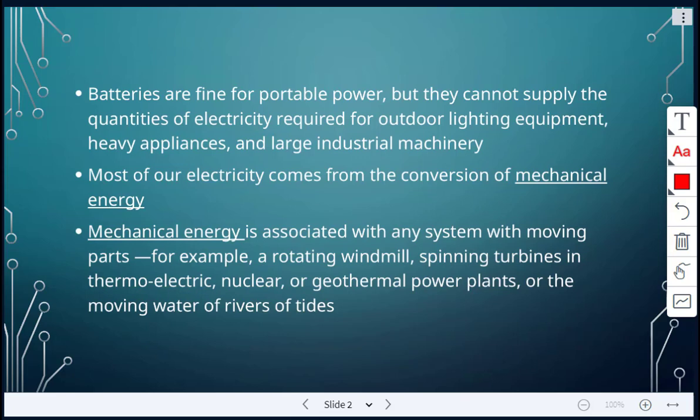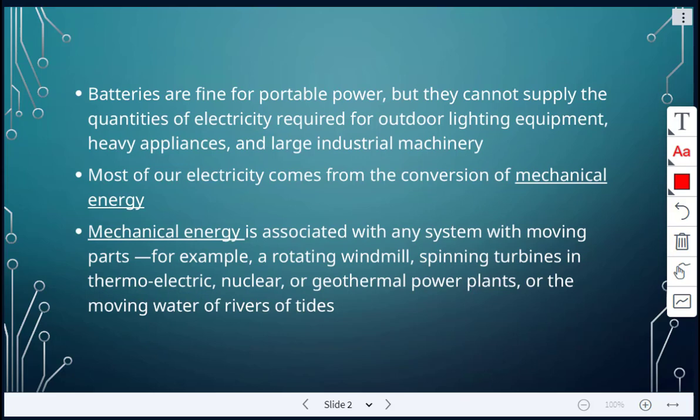But batteries don't have enough power. They can't supply the quantities of electricity that we need for outdoor lighting equipment or heavy appliances and large industrial machinery. Most of the electricity that we receive comes from the conversion of mechanical energy. Mechanical energy, if you recall, is associated with moving parts, right?